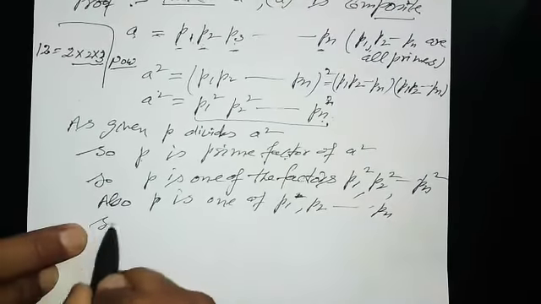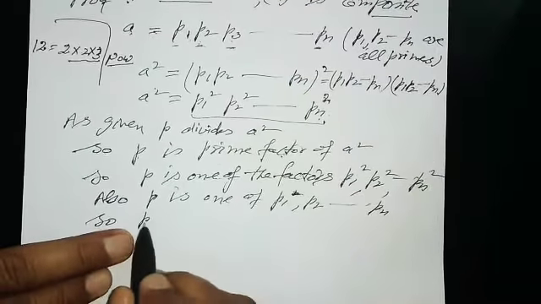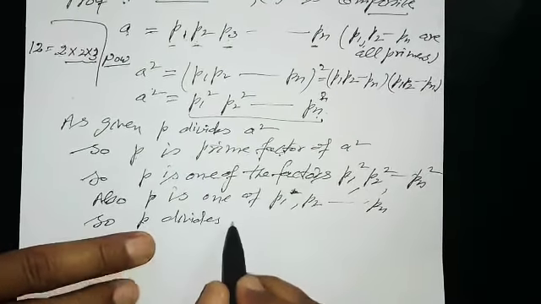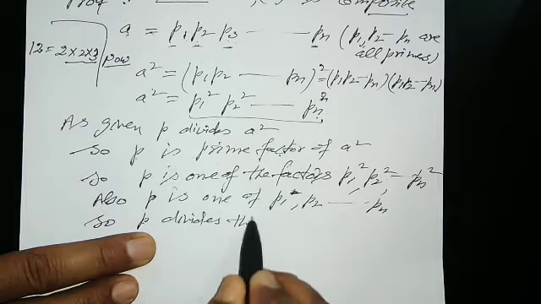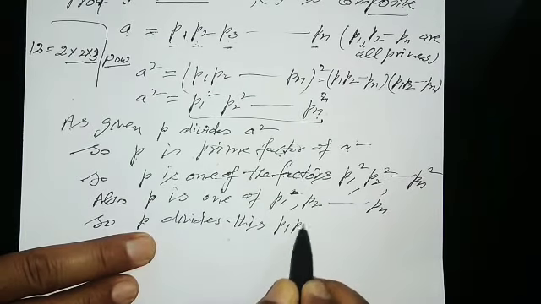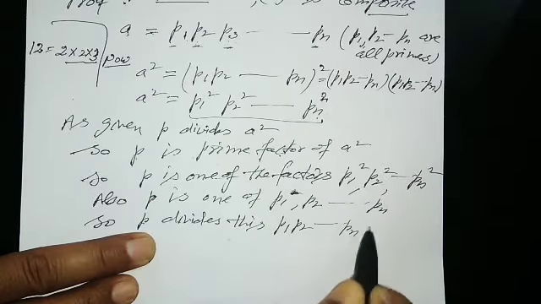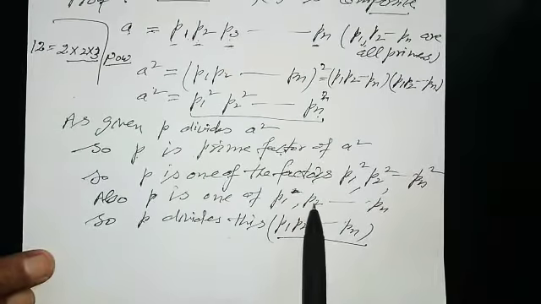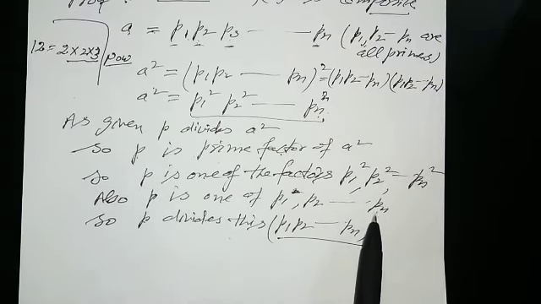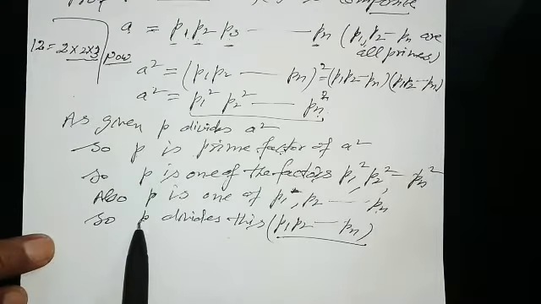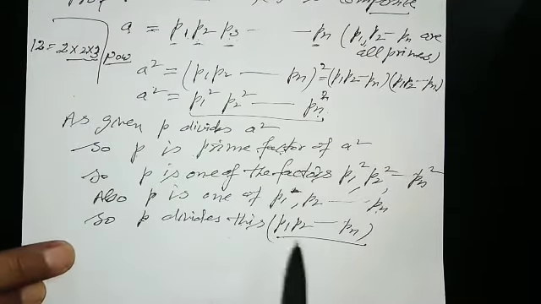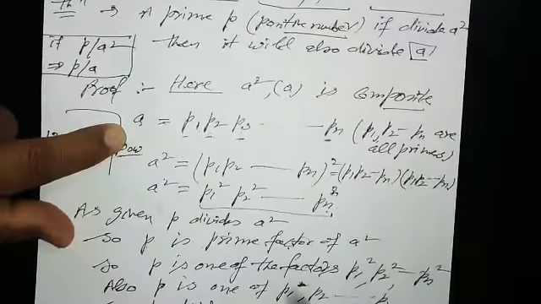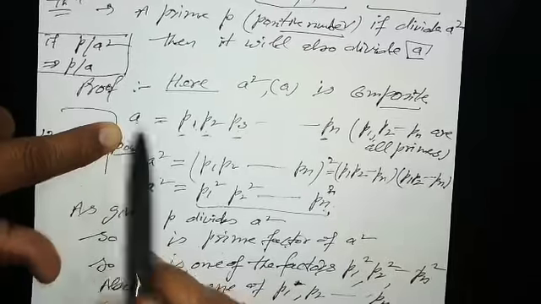Okay, so p divides this product p1, p2, pn, means the product of these primes will be a number and that number will be divisible by p. But as above, the product of these prime numbers is equal to a.